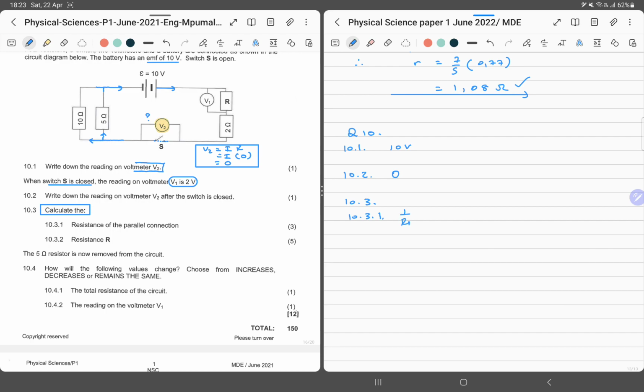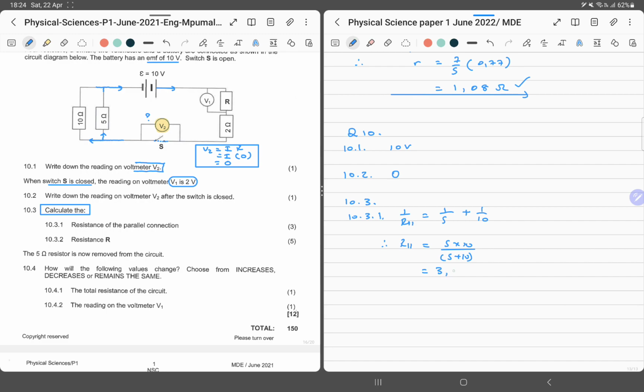We know 1 over R parallel is going to be 1 over 5 ohms plus 1 over 10. Therefore, R parallel is going to be the product, which is 5 times 10, divided by 5 plus 10. So we've got 50 divided by 15.